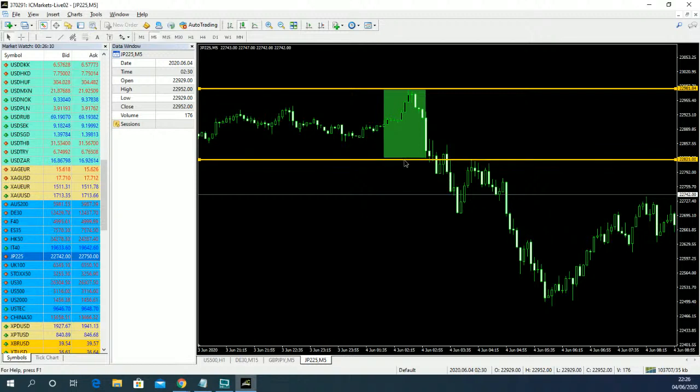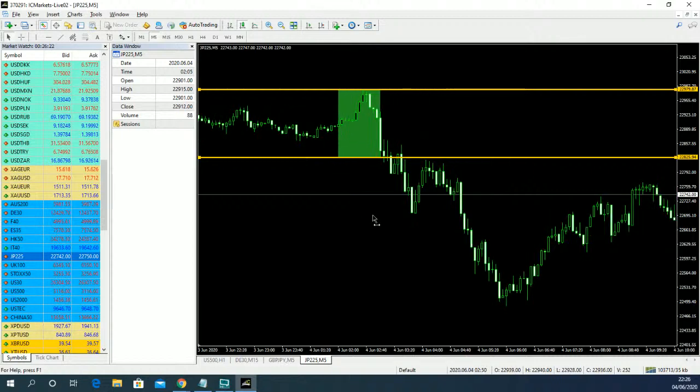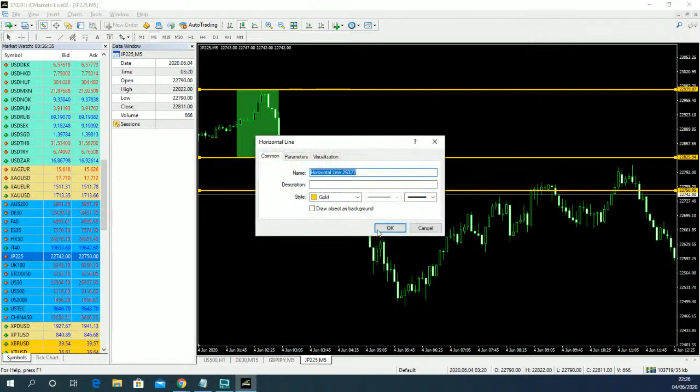Right. Okay, so now when we look at JP225, which is Nikkei, and we know that this is the Asian box. So let's see how it performed in the Asian session. Okay, so let's see where the entry is. We got our entry here, the close of that candle.